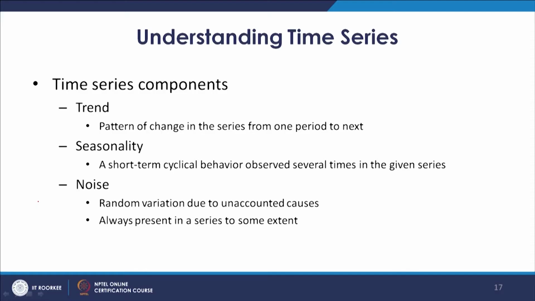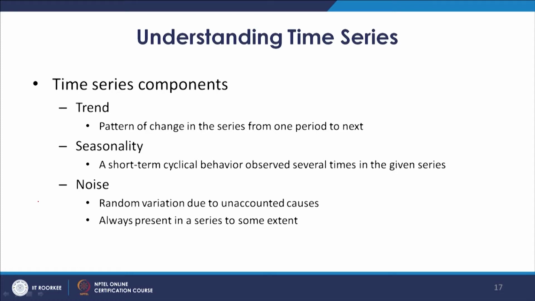Whatever is left over should obviously not have any trend or structural form. Therefore, the remaining part should be the random variation, which is why noise is defined in this fashion. So, noise is random variation due to unaccounted causes, always present in a series to some extent.